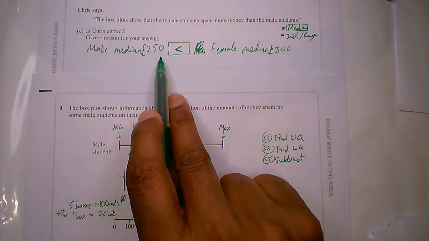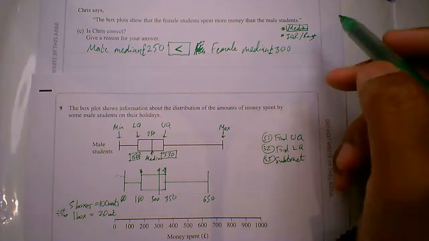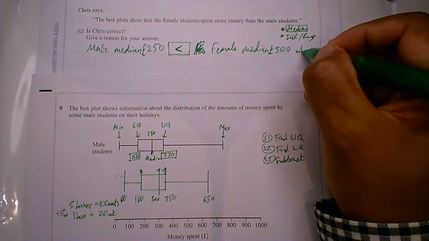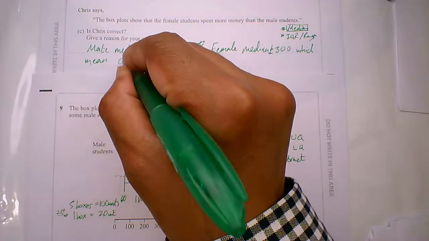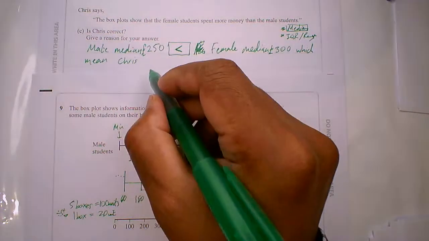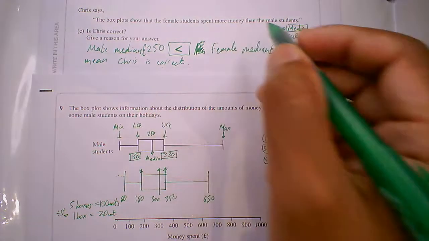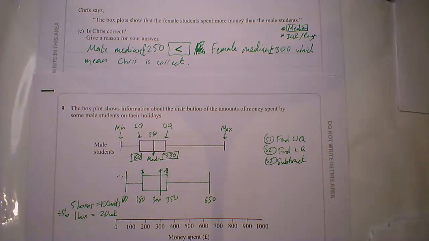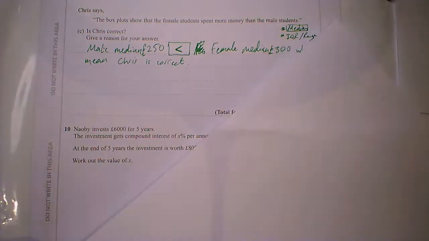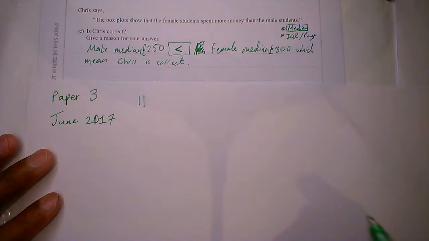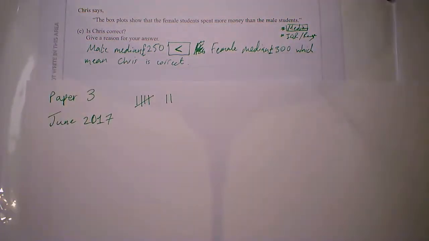Male students, £250, is less than female median, £300, which means Chris is correct. Okay, that question is worth 5 marks, and I've banked 5 marks now. 1, 2, 3, 4, 5 marks banked.